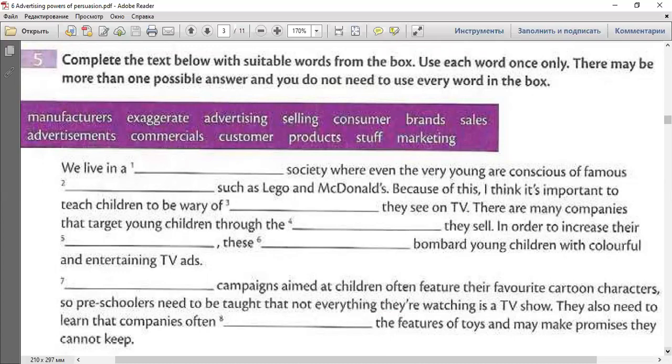The number 7 campaigns aimed at children often feature their favorite cartoon characters. So preschoolers need to be taught that not everything they are watching is a TV show. They also need to learn that companies often do something. The features of toys and may make promises they cannot keep. Okay, so please complete the gaps with the words from the box. Okay, and then we'll check.